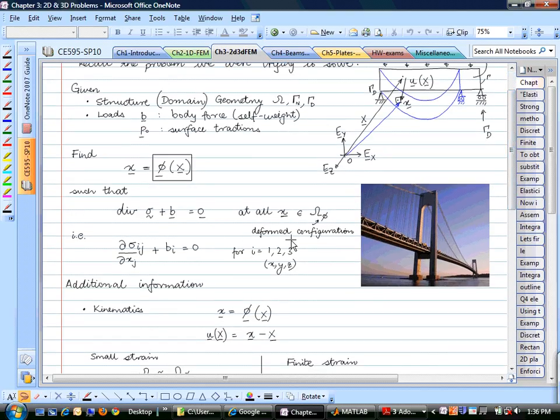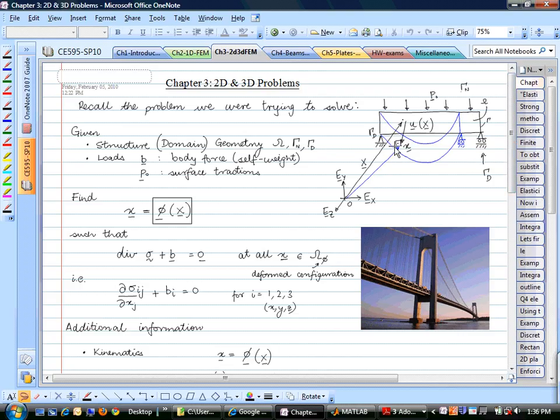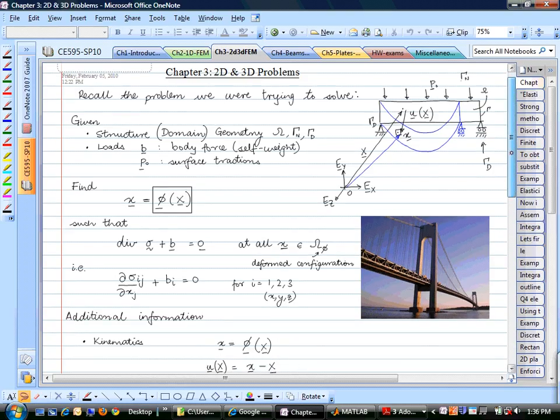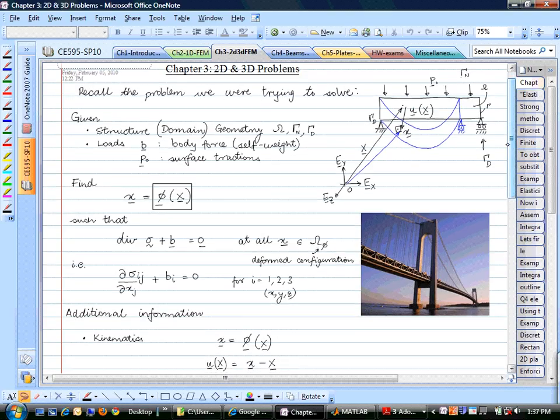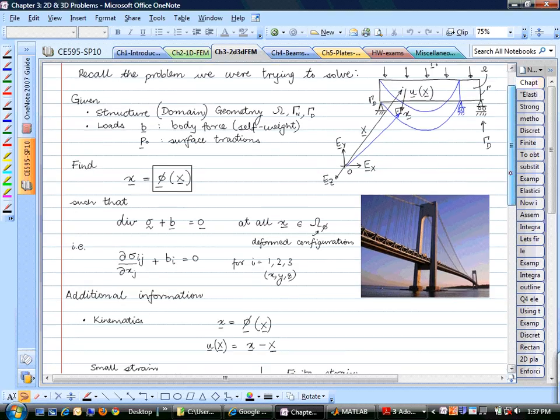If I change the structure a little bit, then instead of these types of pure displacement or pure traction boundary conditions, if I give you something like what you had on your homework, you had a square plate on the same boundary, 1 degree of freedom is fixed in the vertical direction, and the other degree of freedom is free. So you should be able to write those kinds of hybrid boundary conditions.